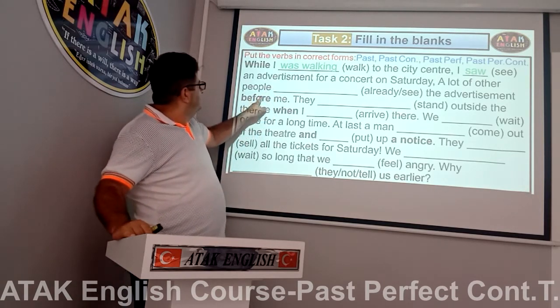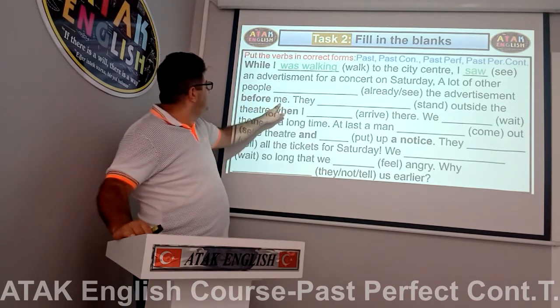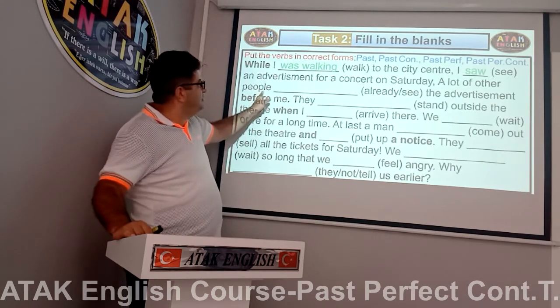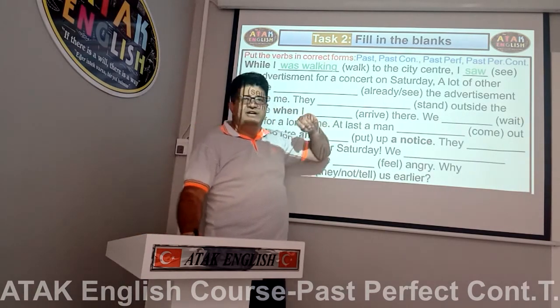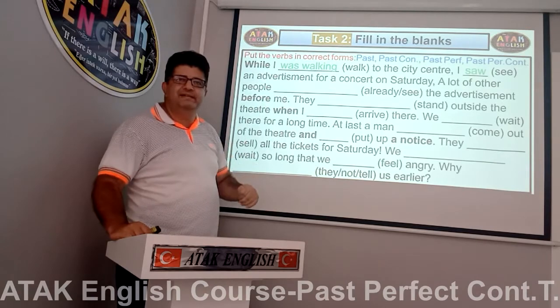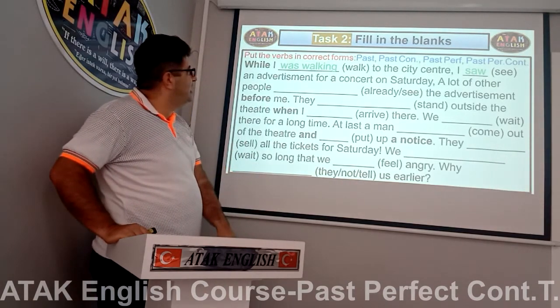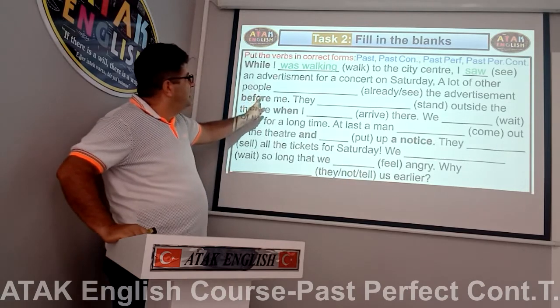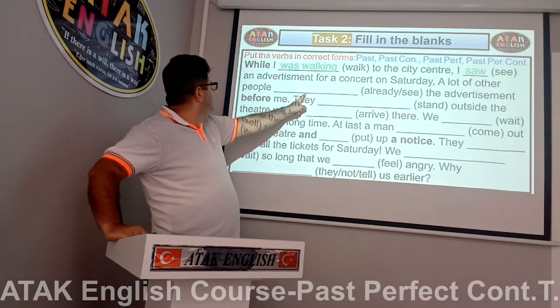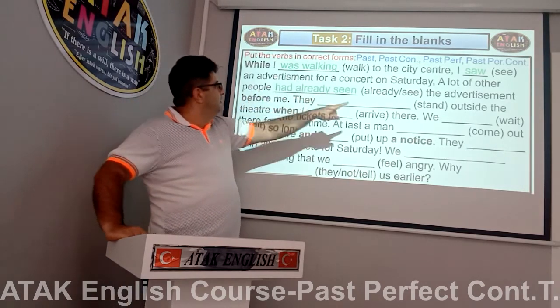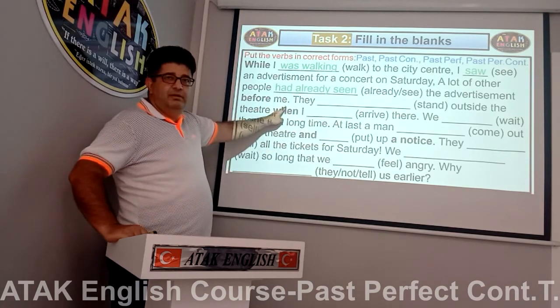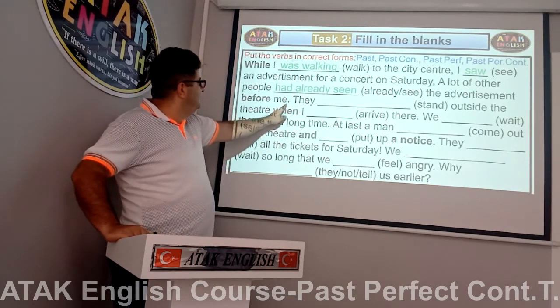Because it says "before me", this action of a lot of other people already seeing it is more past, so I should use past perfect. Let's try it. A lot of other people had already seen the advertisement before me. Let's keep going, keep moving.